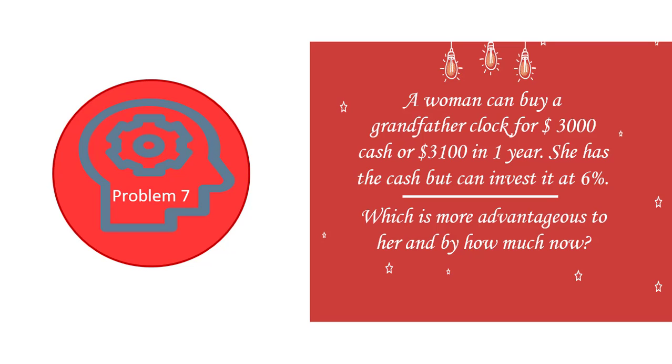Problem 7. A woman can buy a grandfather clock for $3,000 cash or $3,100 in 1 year. She has the cash but can invest it at 6%. Which is more advantageous to her, and by how much now?